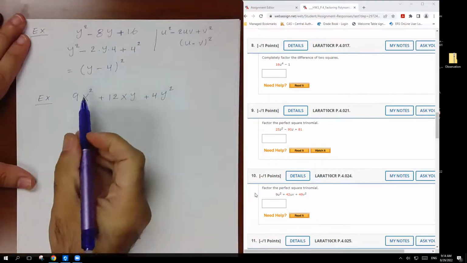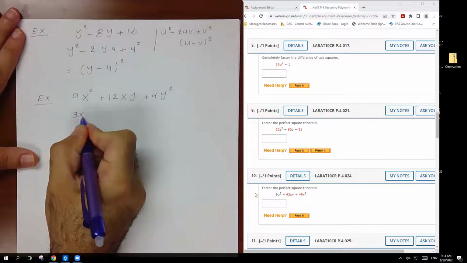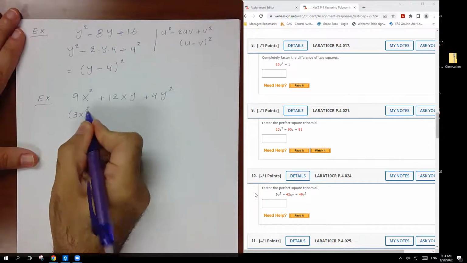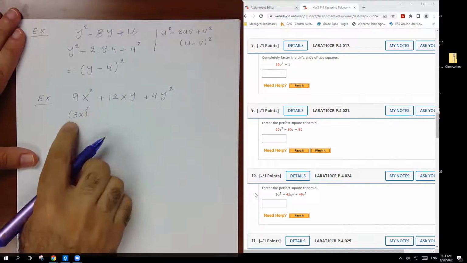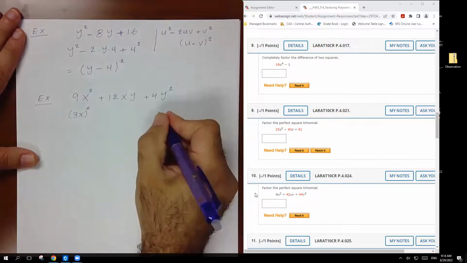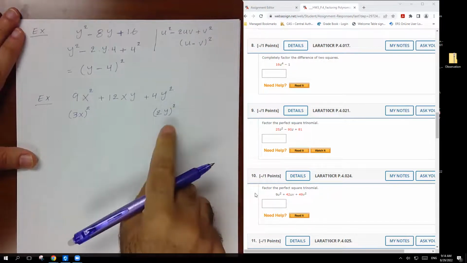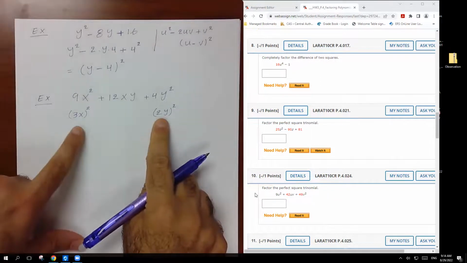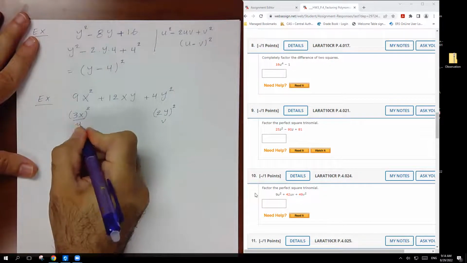I'm going to write down the 9 as 3x squared. This is the u. 3x squared is going to be 9x squared. I'm going to write down the v as 2y squared. So 2y is the v, and 3x is the u.